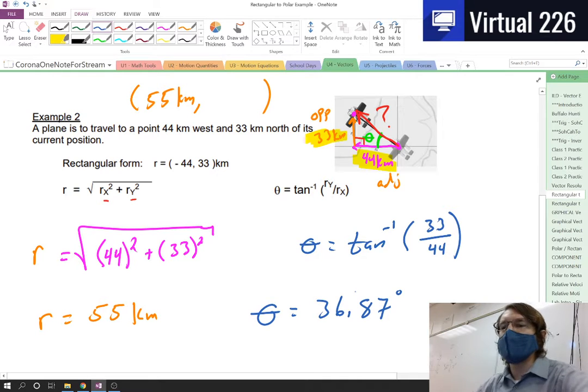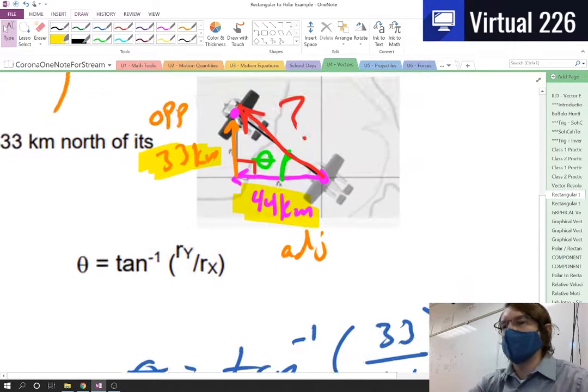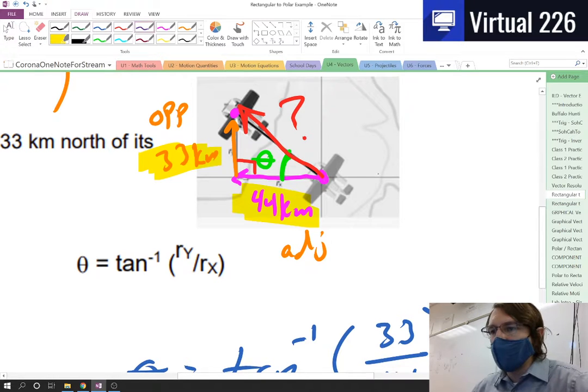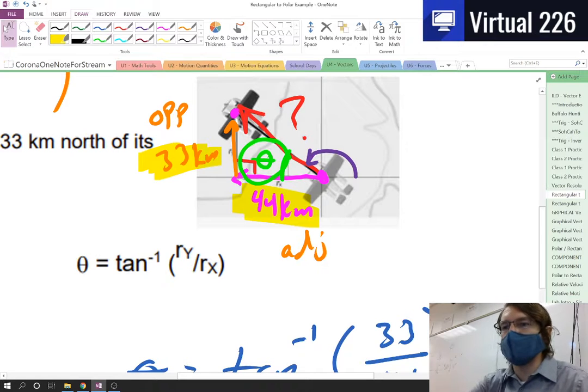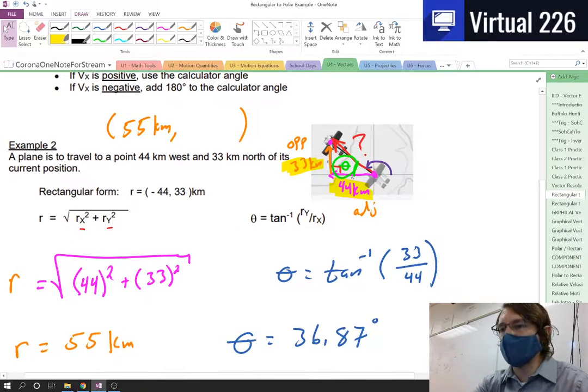Okay? Now, if we put 36.87 degrees up here into our actual value, we'd be wrong. We don't want that. Remember, the angle we want is actually all the way around. So while this angle in here is 36.87 degrees, we actually want the purple angle out here.